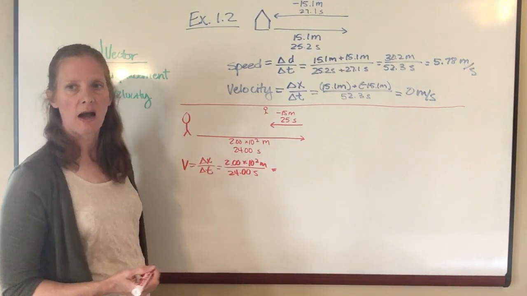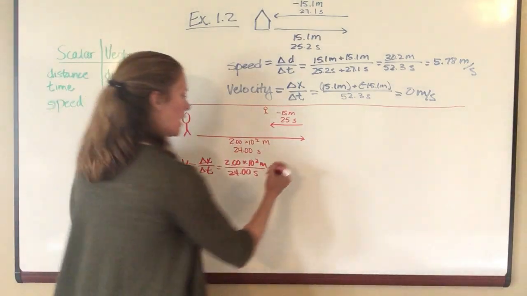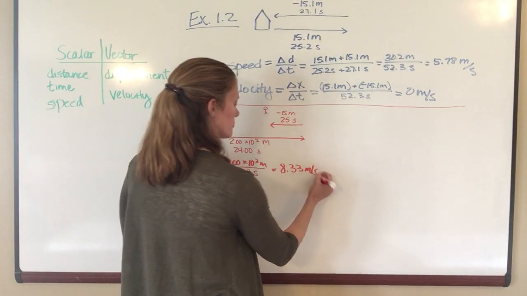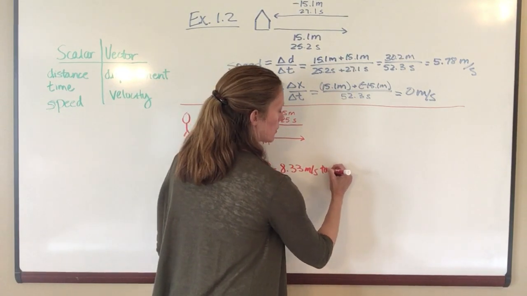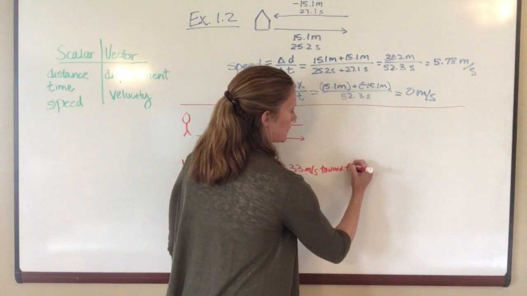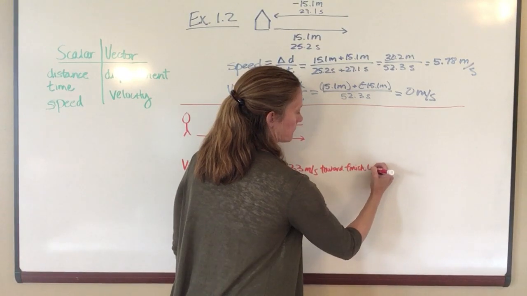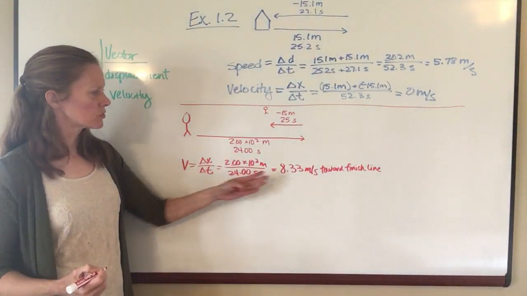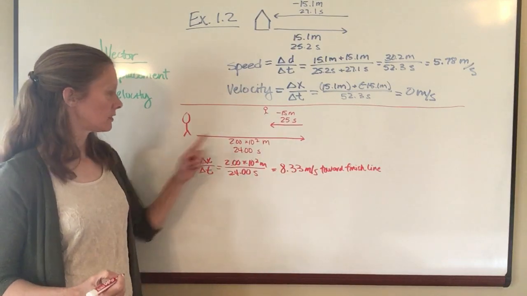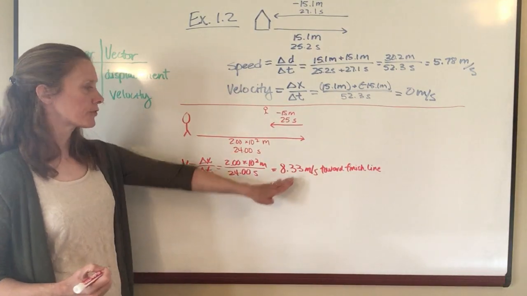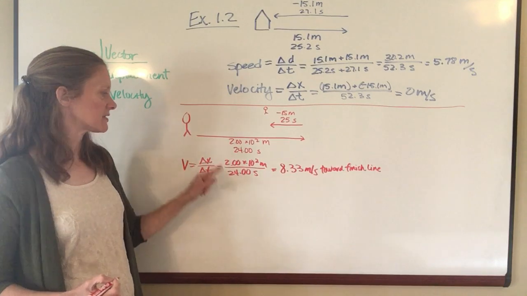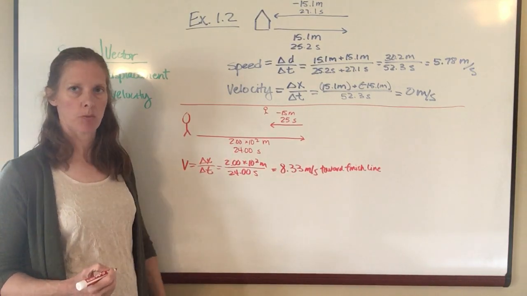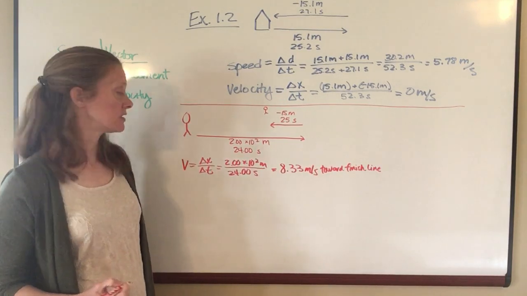And so when I take that and divide it out, I'm going to get 8.33 meters per second toward the finish line. Okay? Positive number, so that means it's towards the finish line in one direction. There are three significant figures in the answer because I have 3 here and I have 4 here, so I'm going to use the smallest number of significant figures when I multiply and divide.